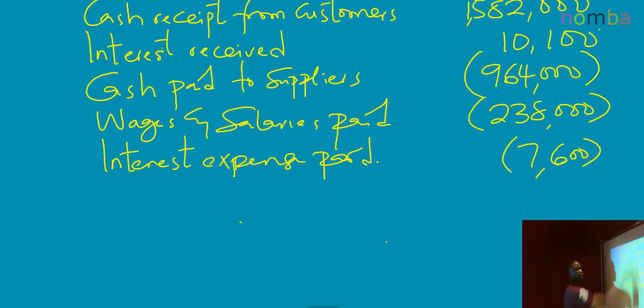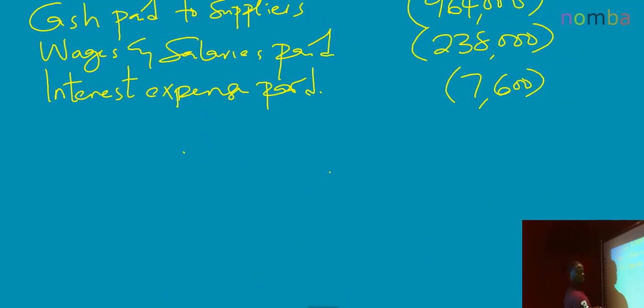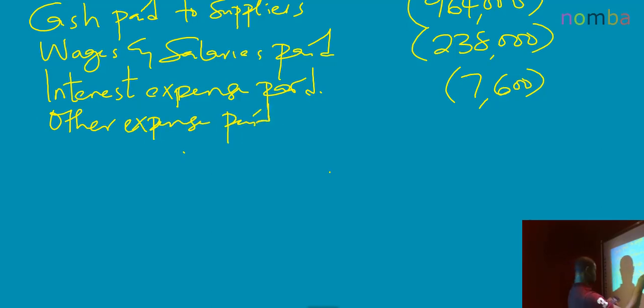So 154,400 will represent the other expense paid. And it's 154,400.